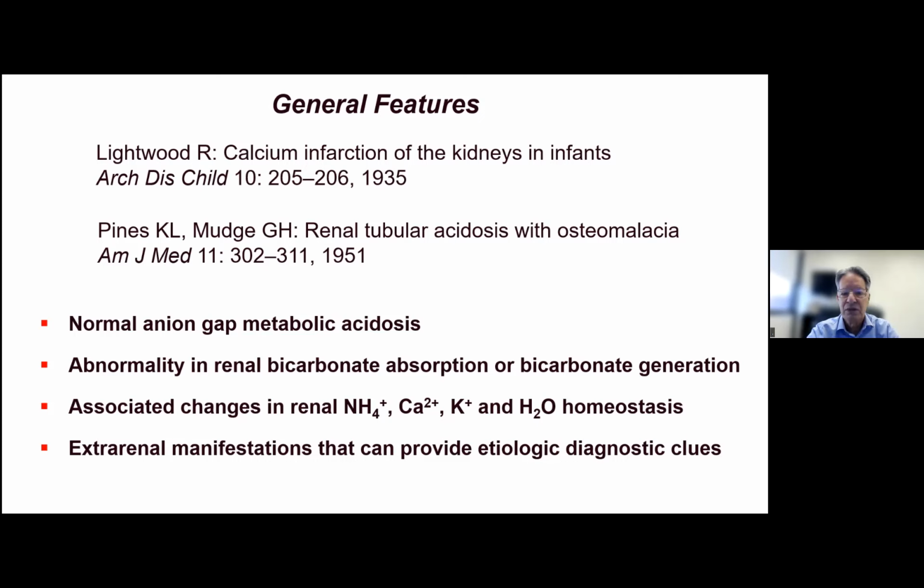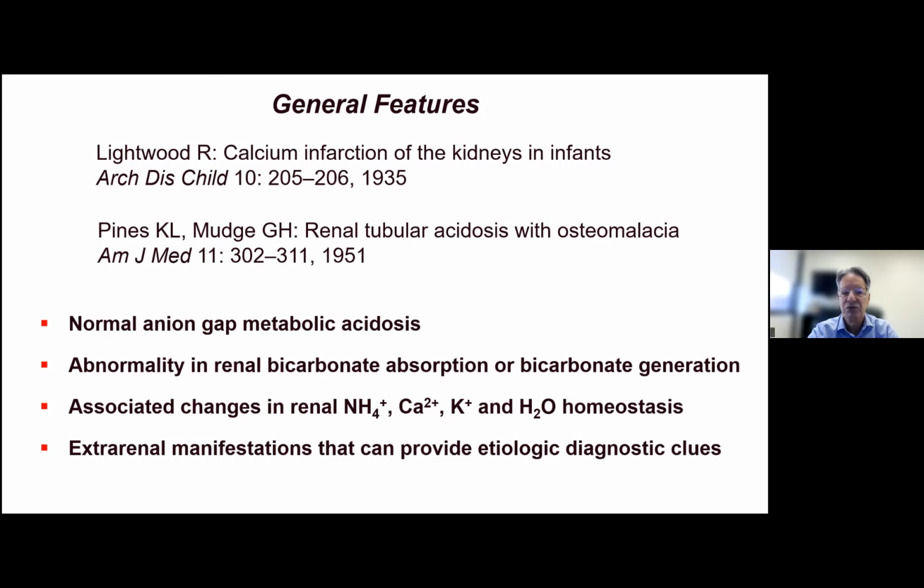We now know, after a lot of work in the 20th century, that this is a spectrum of disorders that are associated phenomenologically with a normal anion gap metabolic acidosis. There's an abnormality in either renal bicarbonate absorption or bicarbonate generation, and we'll talk about both because these are the two primary processes by which the kidney keeps the plasma bicarbonate at 25.